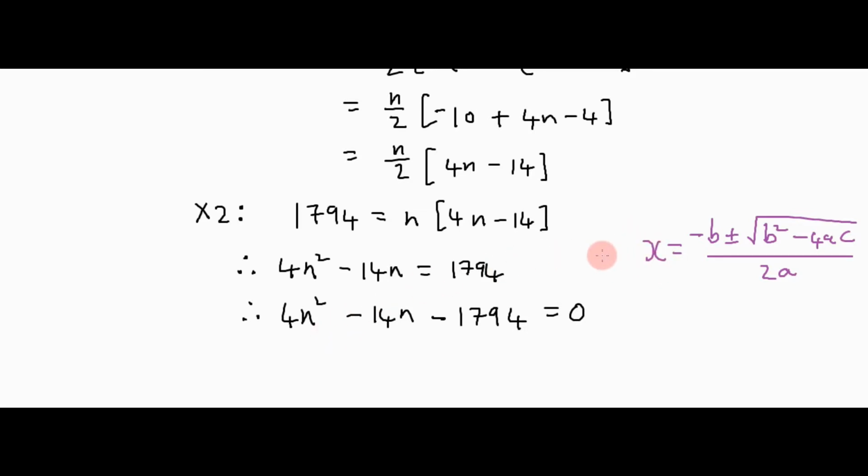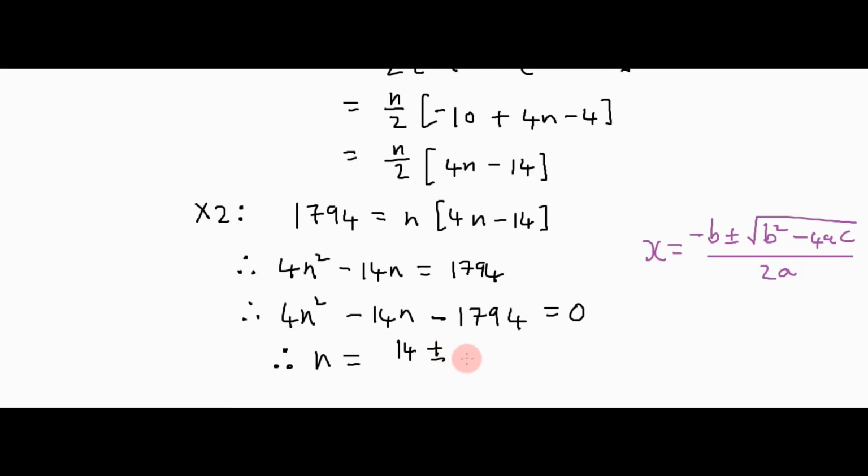So then, using the quadratic formula, we see that n equals negative b. Now, b in this equation, which is a quadratic equation, is negative 14. So negative 14 plugged in here will give us plus 14, because it's minus negative 14.